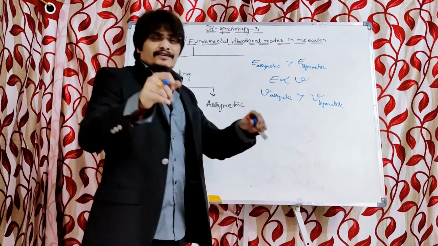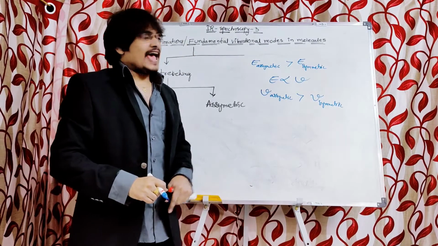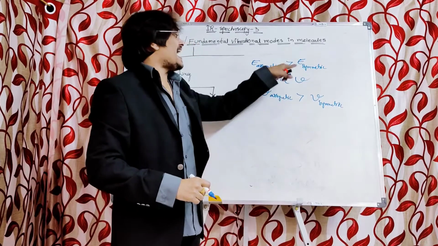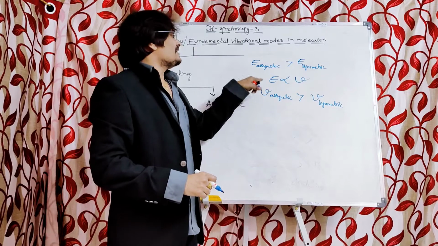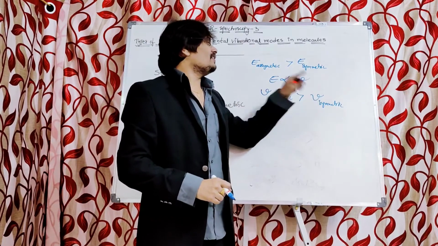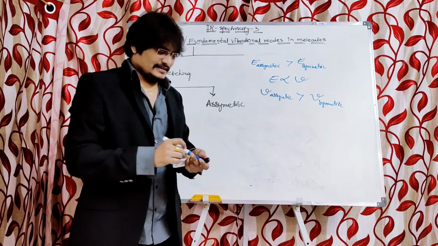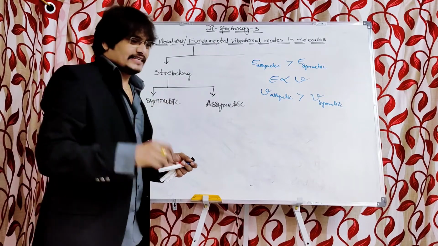I hope you are getting it. As the energy of asymmetric stretching is more than that of symmetric stretching, and energy is directly proportional to frequency, the frequency of asymmetric stretching is more than the frequency of symmetric stretching. Got it?